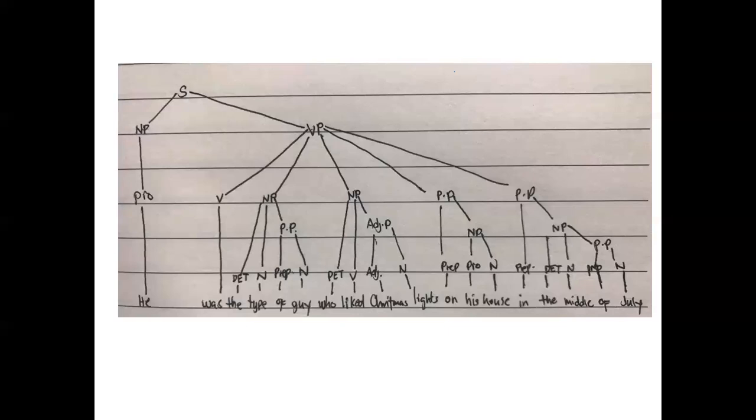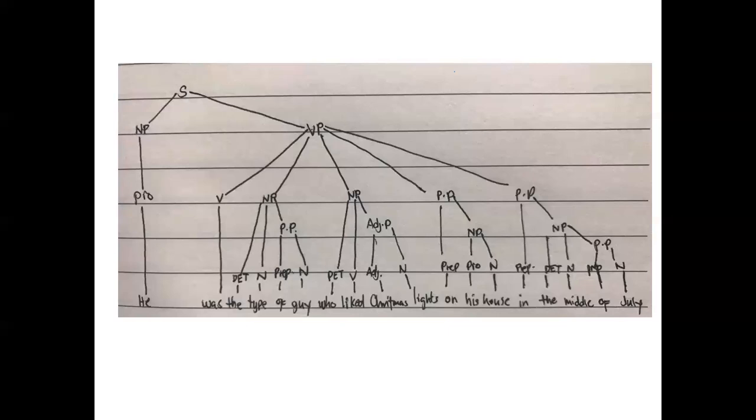But in here we have of, which is a preposition, and July is a noun. So preposition plus noun will become a prepositional phrase, a PP. So determiner plus noun plus PP will become an NP.